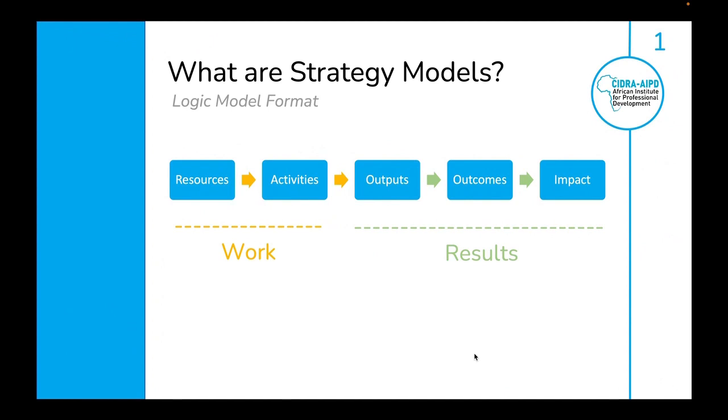So this is the basic format of most logic models. You have resources and activities, which are things that you can control. I highlighted them as work. And then you have the actual results of the work that you put in: the outputs, the outcomes, and the impact. And we'll go over that more thoroughly in the future. But essentially, resources are what you have, what is constraining you.